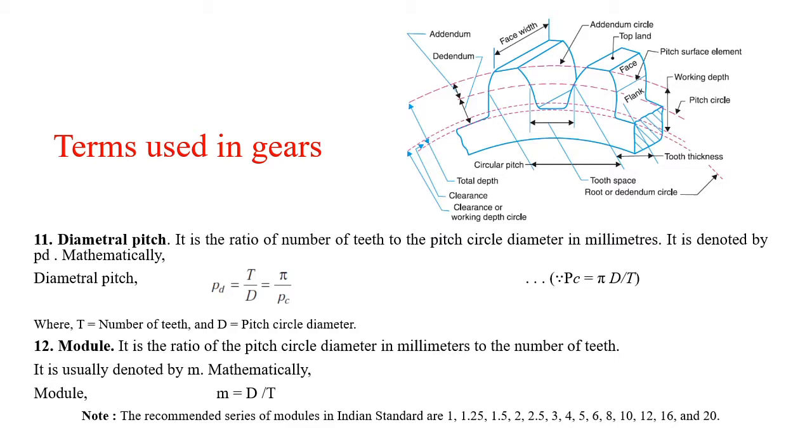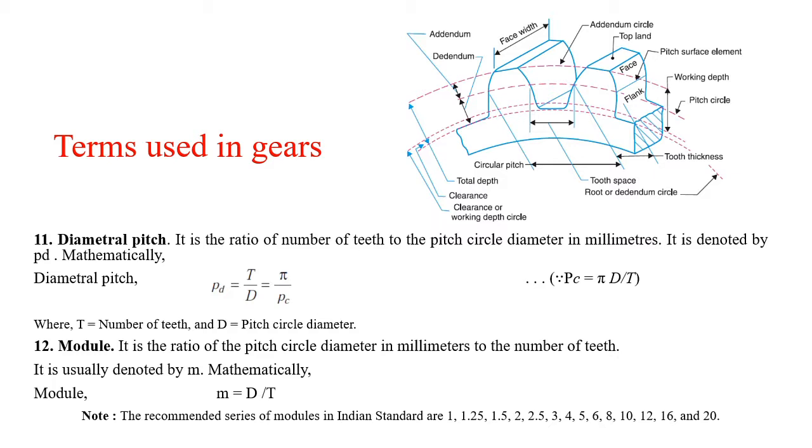It is the ratio of the number of teeth to the pitch circle diameter in millimeters, that is T by D. Mathematically we represent it by PD, P suffix D. Diametral pitch is equal to T by D. Now previously, since we know PC is equal to pi D by T, here the ratio is T by D. Therefore we can write the relation between the diametral pitch and circular pitch as PD is equal to pi by PC.